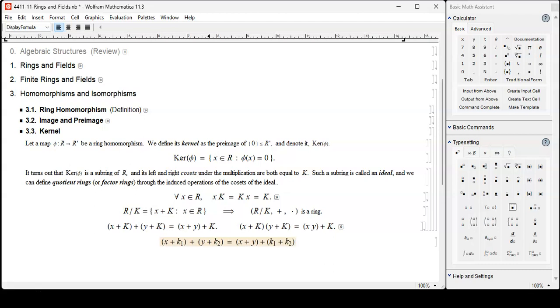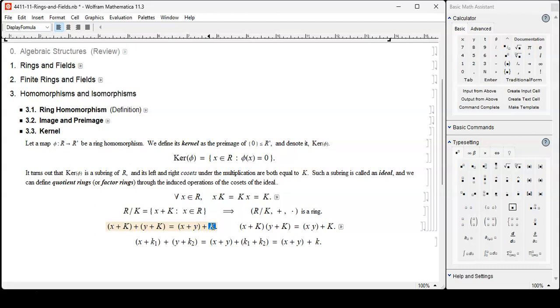But then again, that's x + y + a certain k, because K is a subring, so it's closed under the addition. And then you can prove vice versa as well.